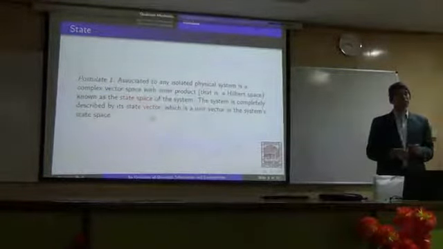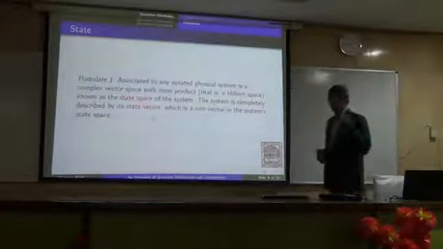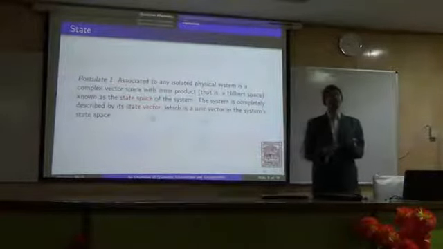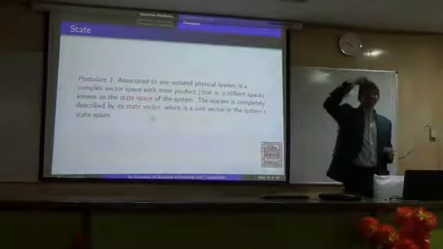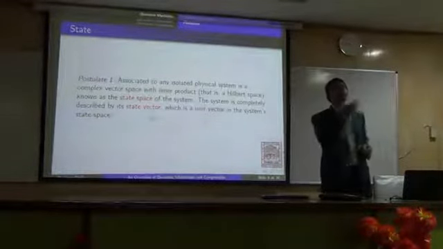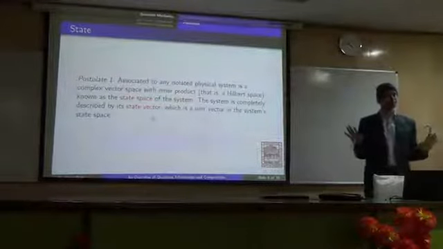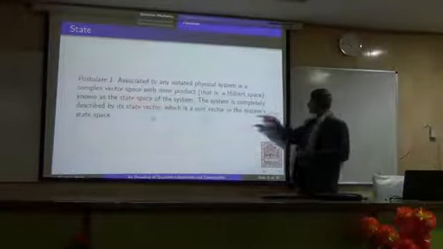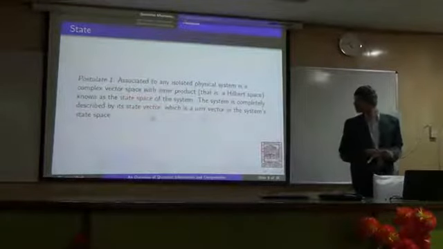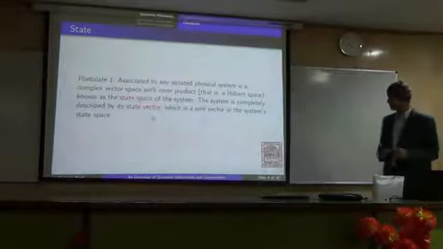So every state can be represented as a complex vector, that means a vector whose every coordinate value can be represented by some complex number. Fine. And the system is completely described by the state vector, which is a unit vector in the system's state space.